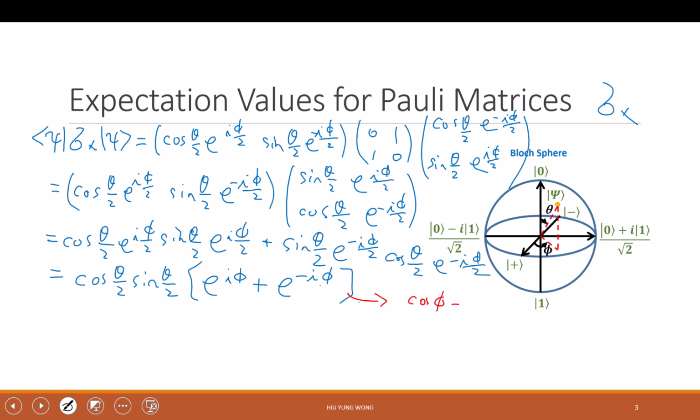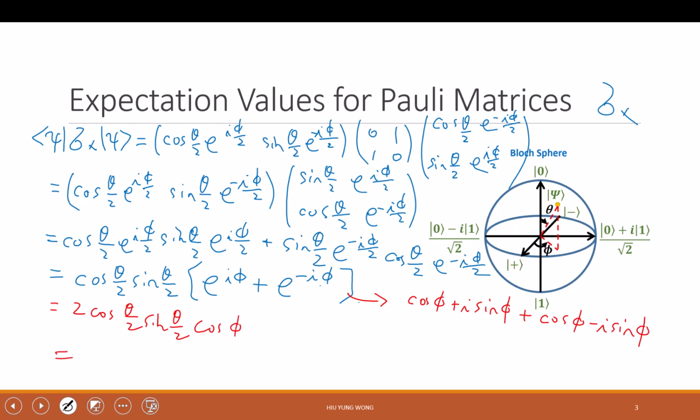Cosine phi plus i sine phi, right? And e to the power negative i phi is just cosine phi minus i sine phi. So the whole thing gives me 2 cosine phi. Okay? So this is 2 cosine theta divided by 2 sine theta divided by 2 cosine phi.